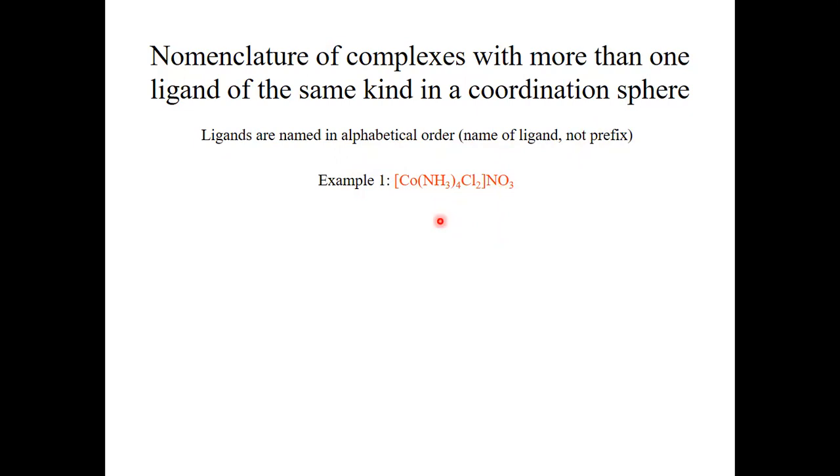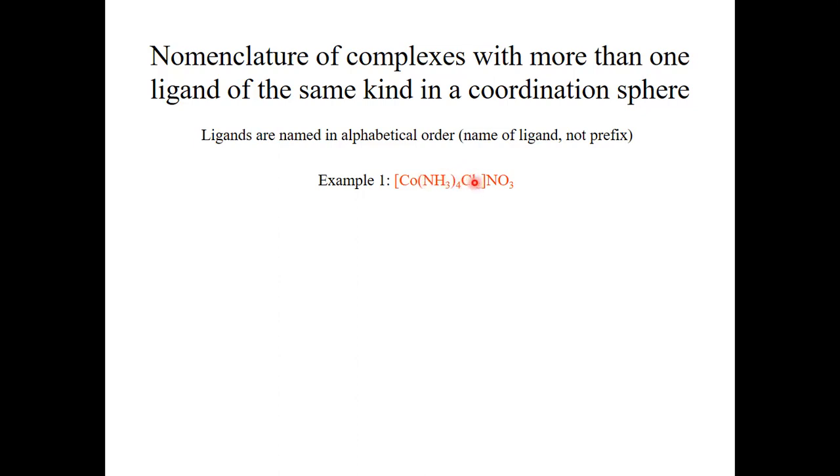We have to realize that amine comes first in the alphabet because A comes before C. So we need to count the number of amine ligands first, which are 4. Therefore the name starts with tetraamine.